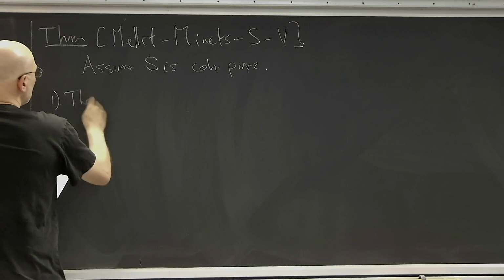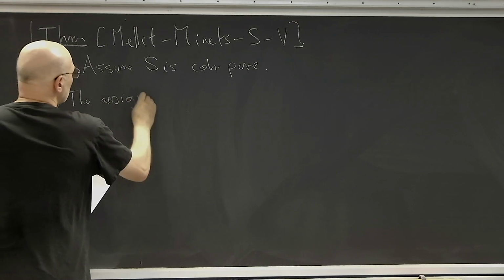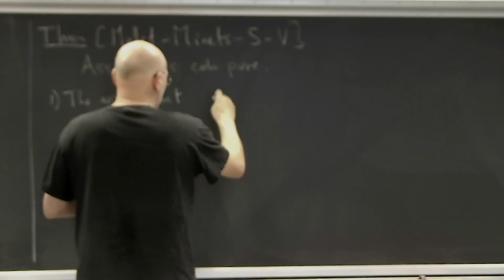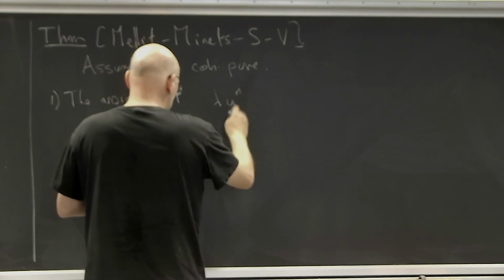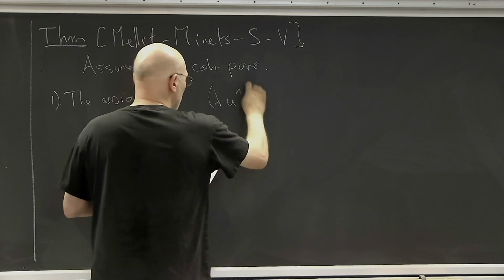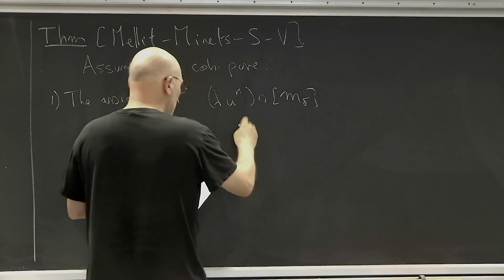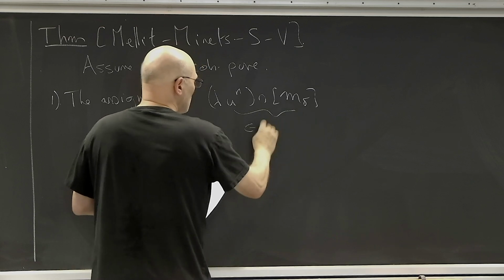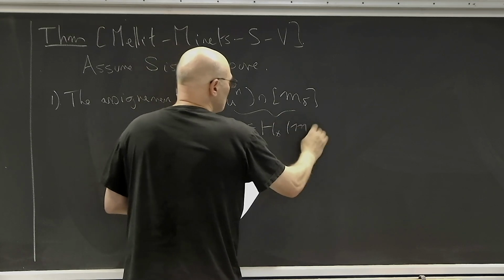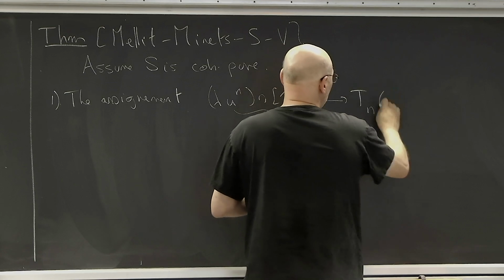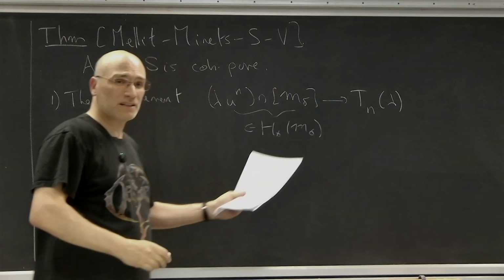The assignment lambda u to the n, this is an element in the homology of M delta, maps to T_n of lambda. This is a generator.